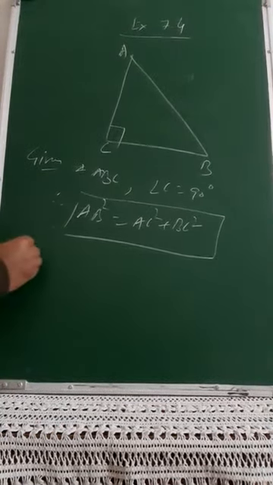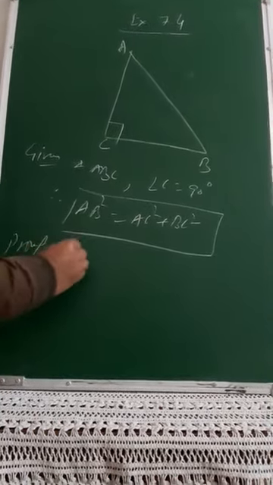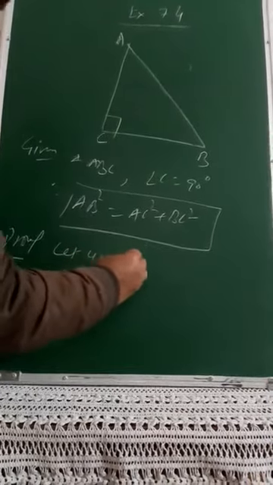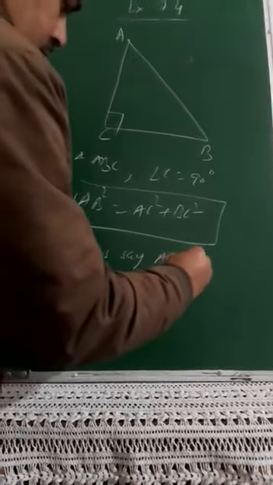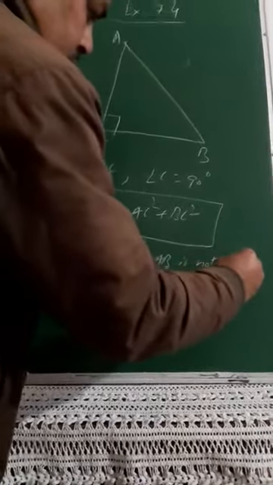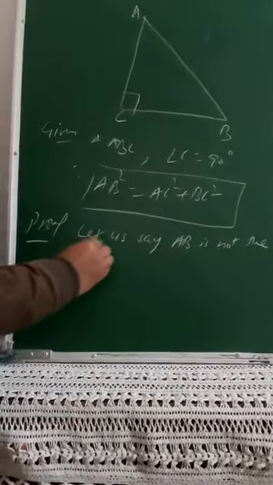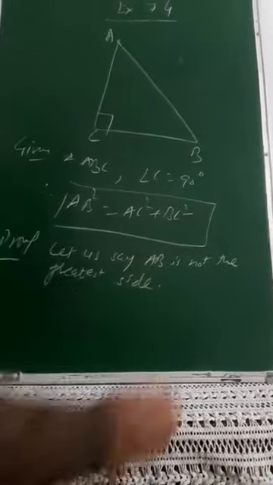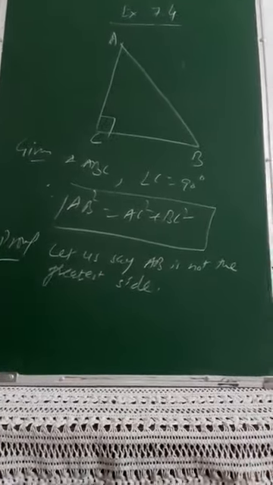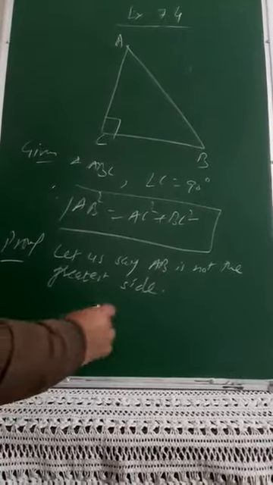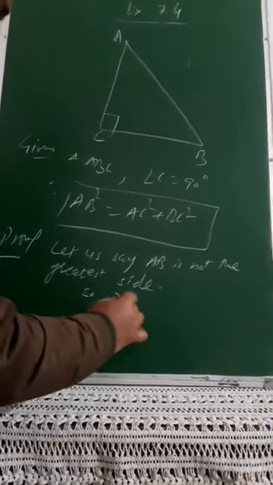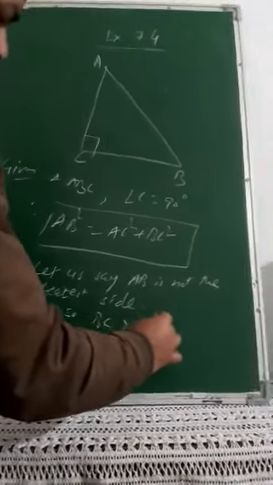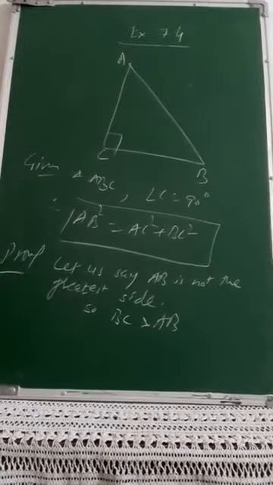Proof, contradiction method. Let us assume AB is not the greatest side. Suppose BC is greater than AB. Now what happens?